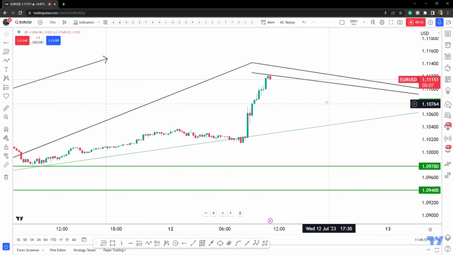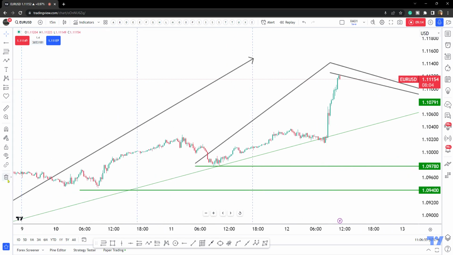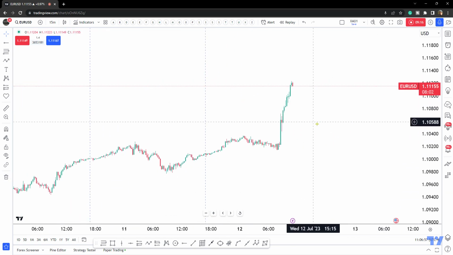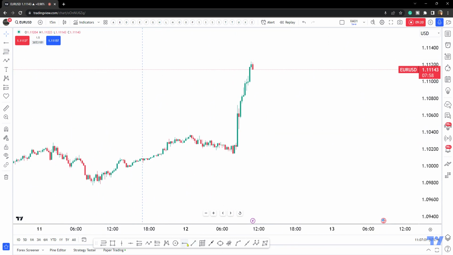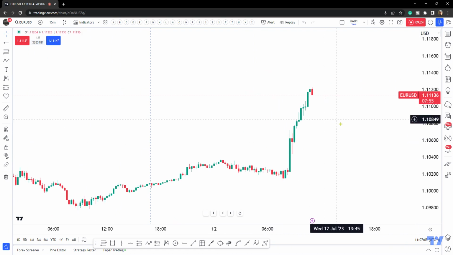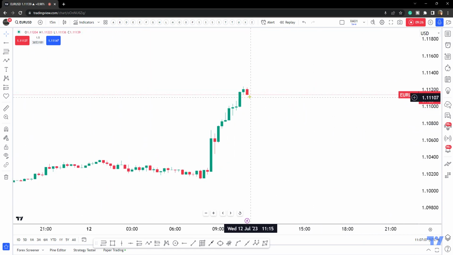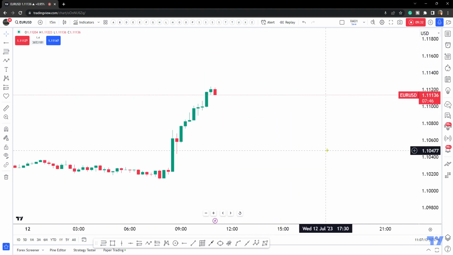Again, we need to see what I've just described on the lower time frames. So currently, there's nothing to suggest this market is coming back in. It's got 7 minutes till the end of this candle. This can quite easily continue up. We don't know.